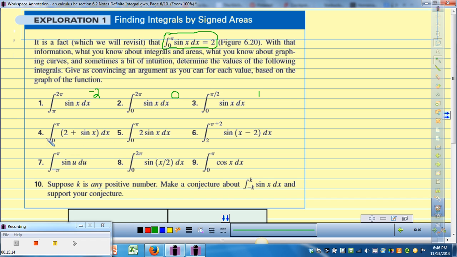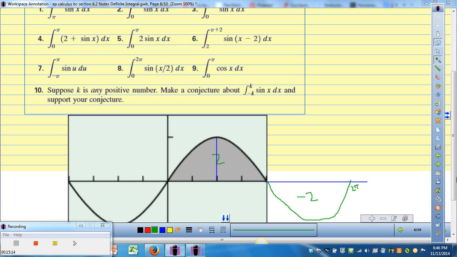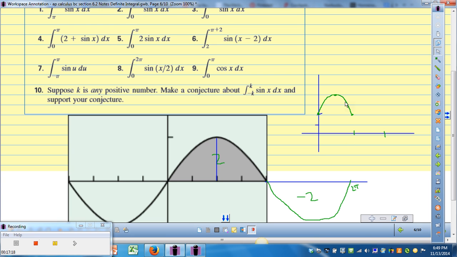All right, now this one is interesting. The integral from 0 to pi of 2 plus sine x dx. So they're shifting the sine x function up 2. Give me a second to draw a sketch. Okay. So here is the part of the sine function that we're interested in, from 0 to pi, and we have shifted the sine function up 2.